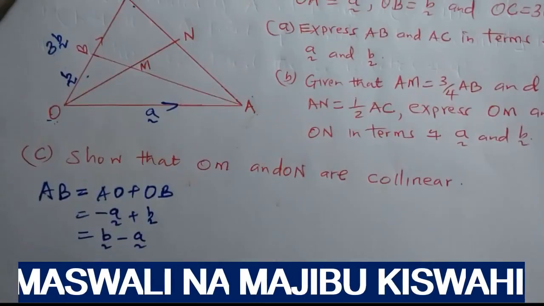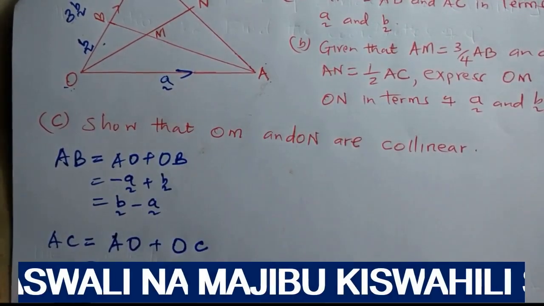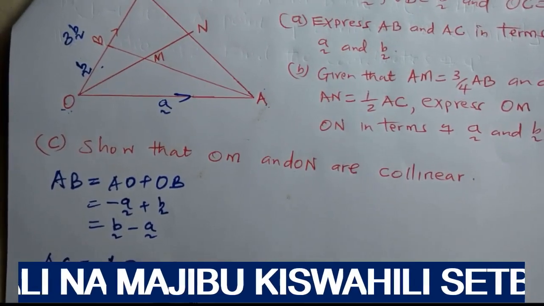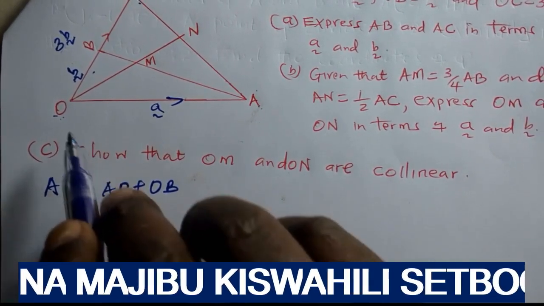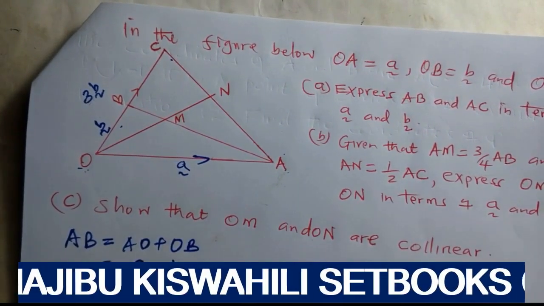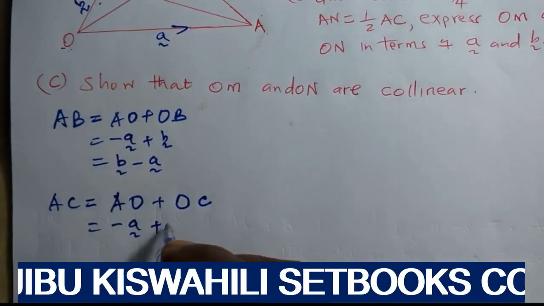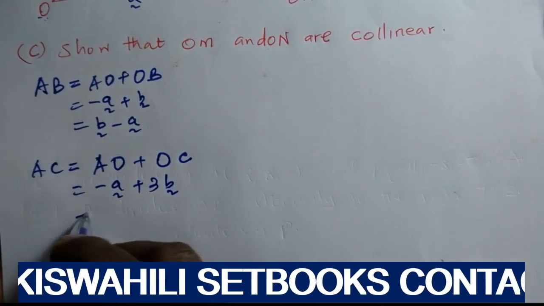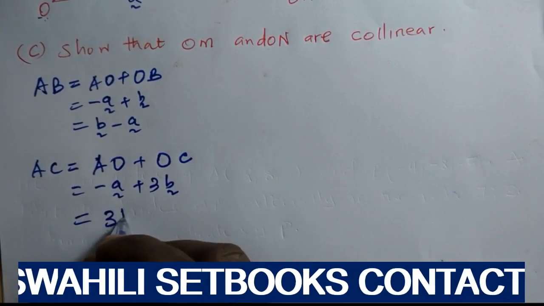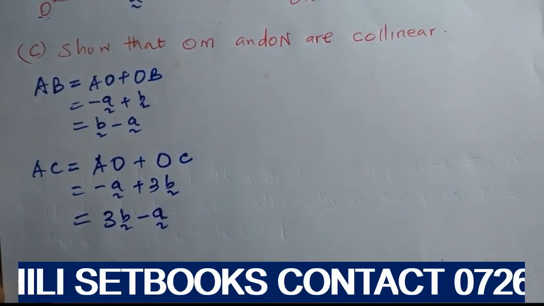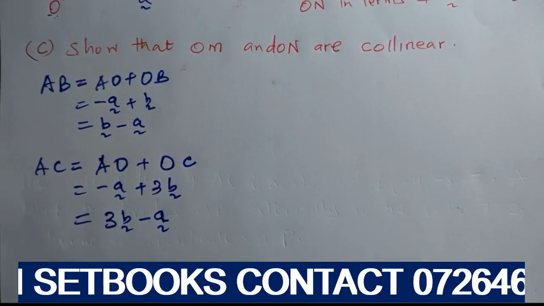But we know that AO is equal to minus A, plus OC. OC is 3B, vector 3B, and this is the same as 3B minus A. So we are done with part A.